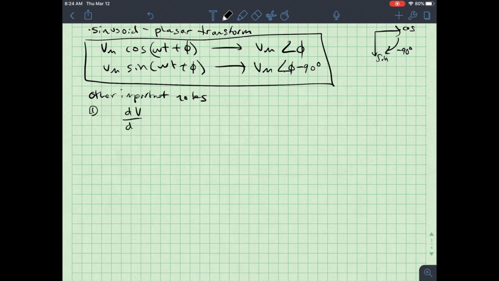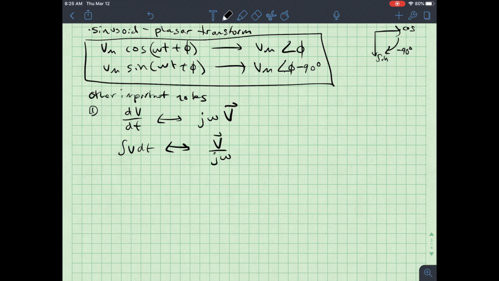If I take the derivative of a signal in the time domain with respect to time and convert it to the phasor domain, I have j omega V. Any of you familiar with the Laplace domain could see that, if you ignore initial conditions, j omega is equal to s. Similarly, the integral of v dt could be converted to V phasor over j omega. These things are very important for capacitors and inductors.